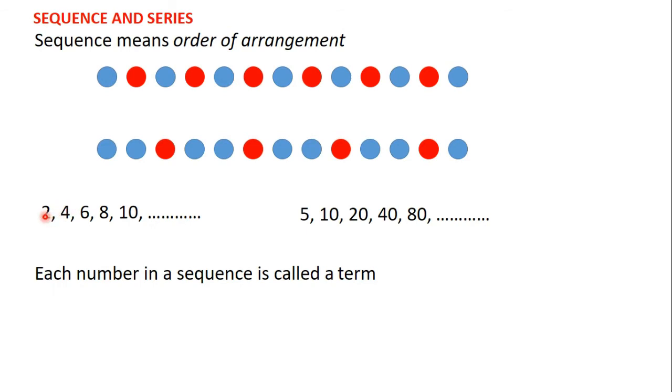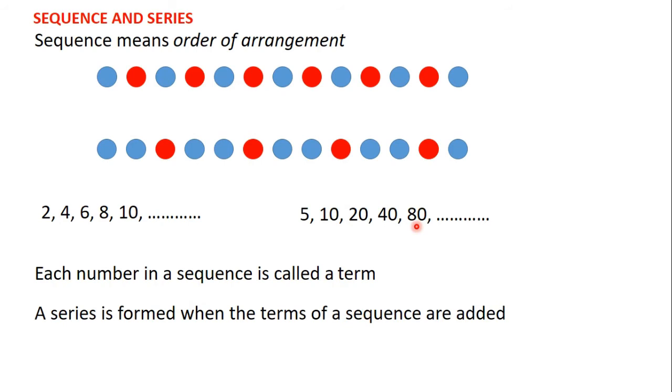Because 2 is the first number, it is referred to as the first term. 4 is the second number, so it's referred to as the second term. 6 is the third term, 8 is the fourth term, 10 is the fifth term, and it continues on and on. In the same way, when you come here, 5 is the first term, 10 is the second term, 20 is the third term, 40 is the fourth term, 80 is the fifth term, and it continues on and on.